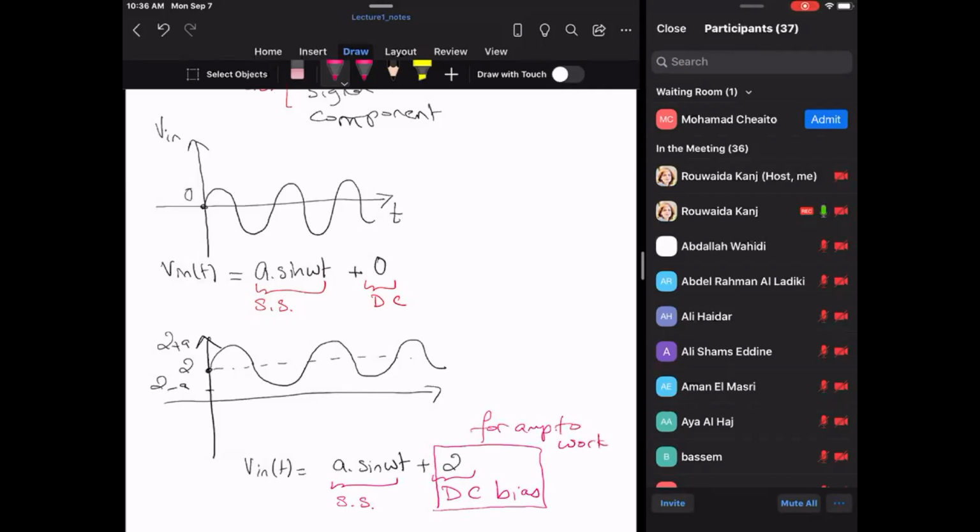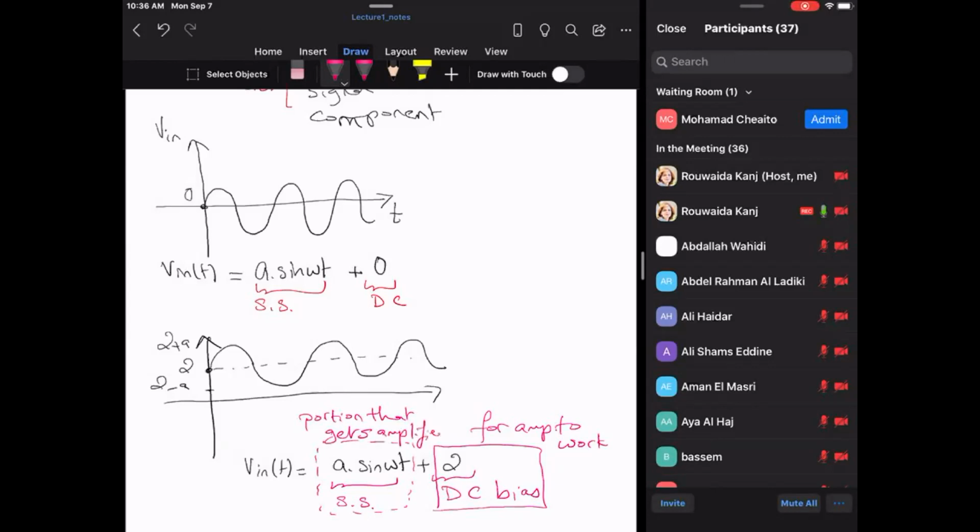Later we will teach you that we need this bias in order to be able to amplify, to push the signal to that level. But the portion that gets amplified is the small signal portion.